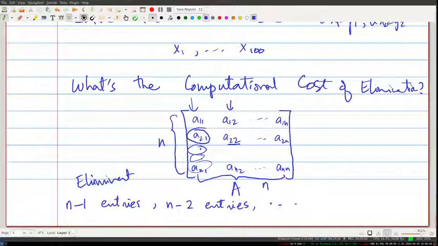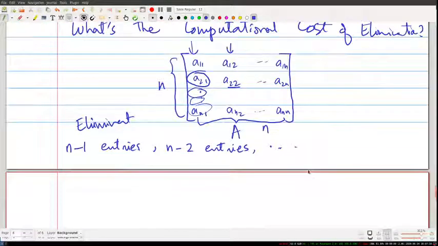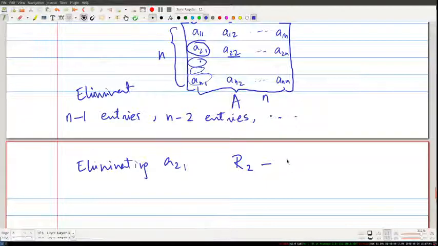Now the question is, what's the cost? How do we eliminate this entry? Whenever we're eliminating, let's say a21, we'll need to do something like row 2 minus a multiplier, let's call this the first multiplier, times row 1.